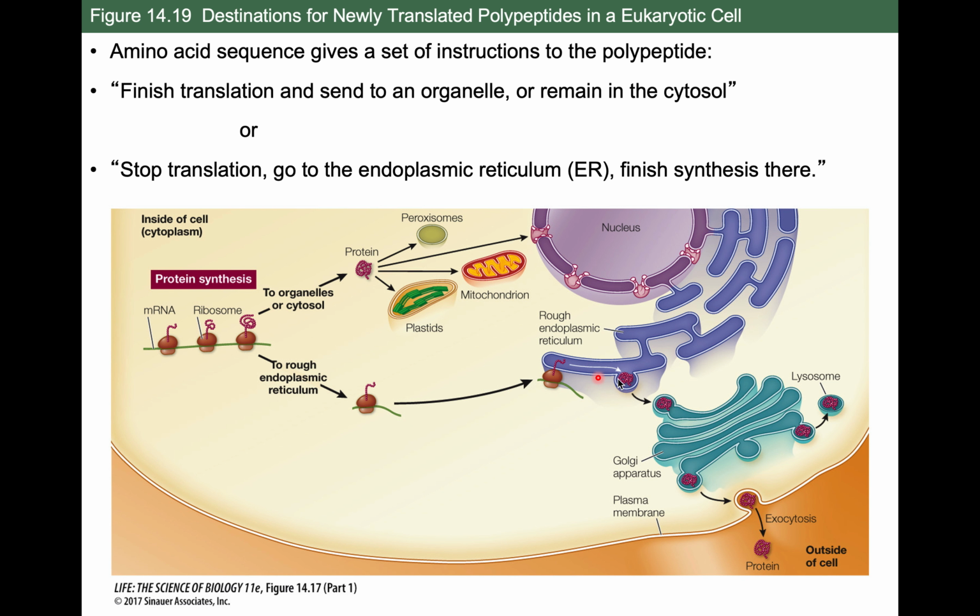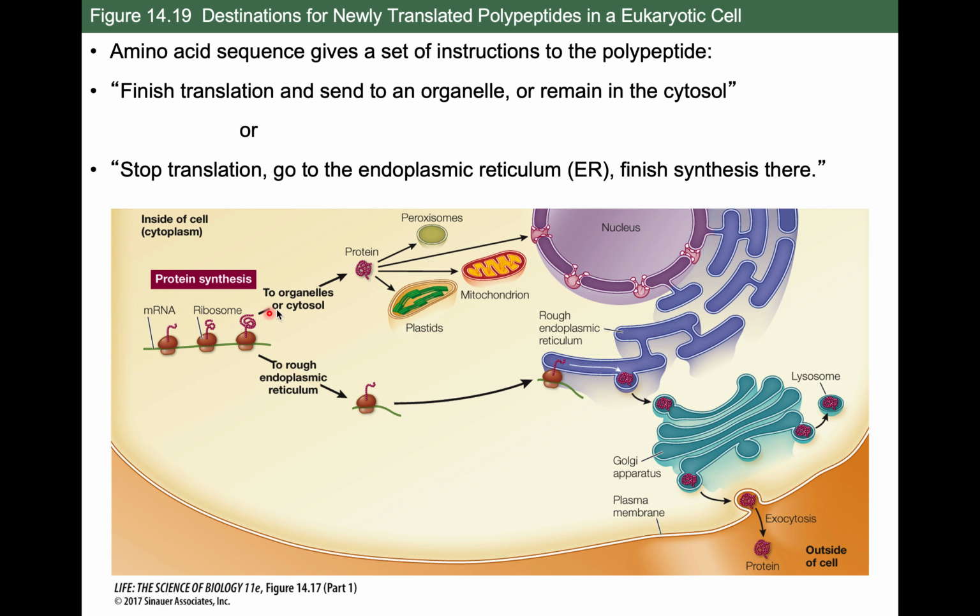So remember, there's the rough ER and the smooth ER, and the rough ER is just covered with ribosomes that would be basically injecting the proteins that they make into the endoplasmic reticulum. And then from there, that protein might be modified in some way in the ER, packaged up in a vesicle and sent to the Golgi, where it might be modified further as it's moving through the Golgi, packaged up in a vesicle again and sent to the cell surface.